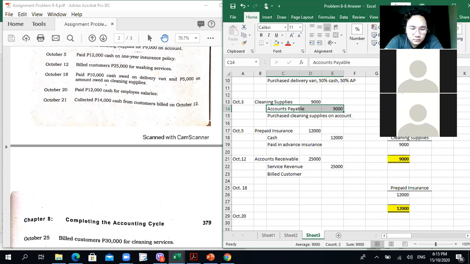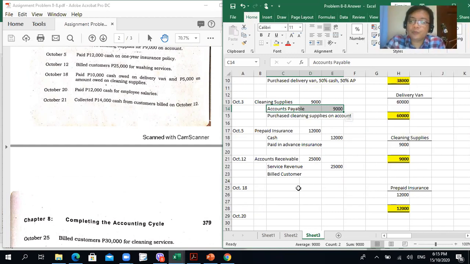That's why you have a subsidiary ledger for every account. But for the purpose of these exercises, no worries, we will just use one account for accounts payable.